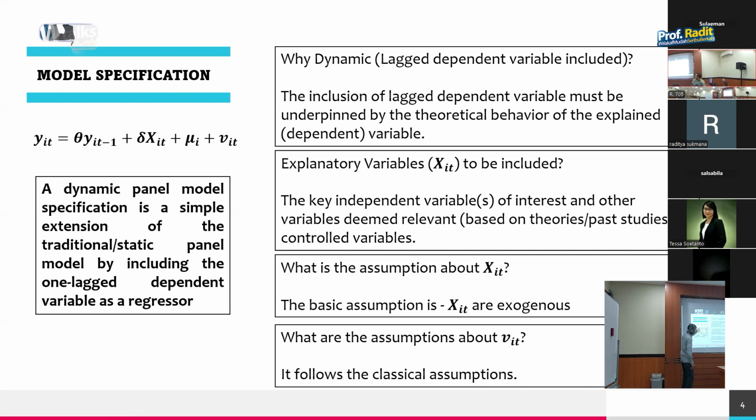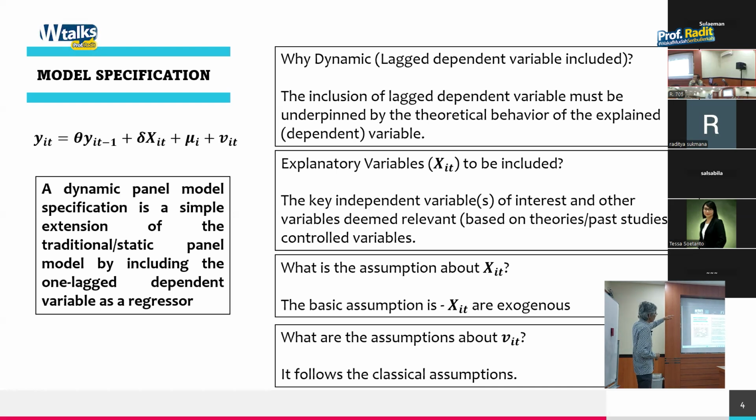And we make some arguments for the variables that we want to include as independent variables. And let's say that they are acceptable. People accept. Why? Because we have sound arguments. And let's say these assumptions are true, X exogenous, right? And also let's say these assumptions are true, that the error term follows classical assumptions, right? So let's say all these are true. Can we estimate, and how to estimate this?